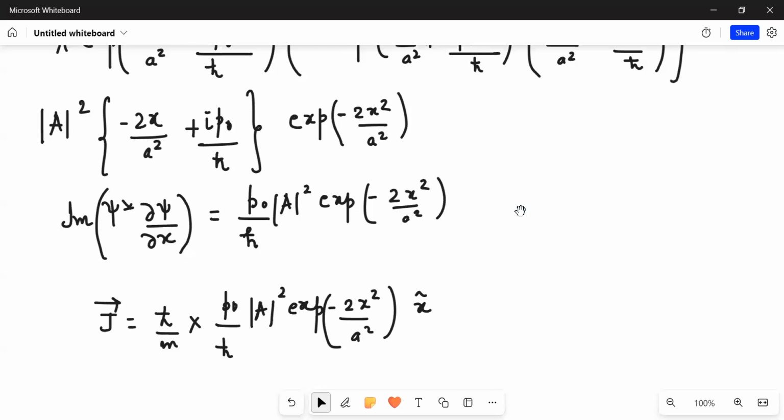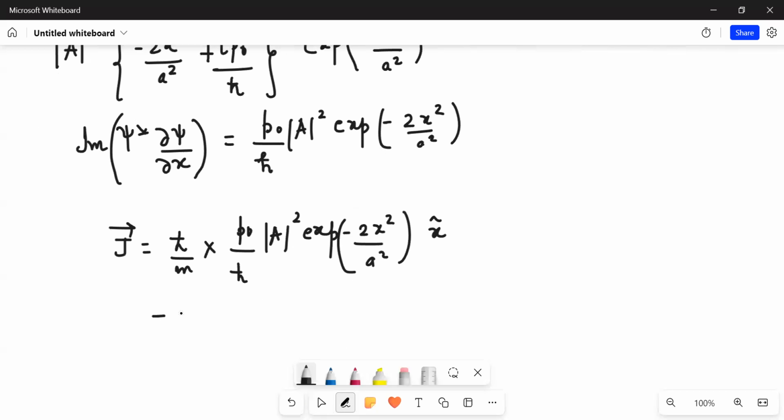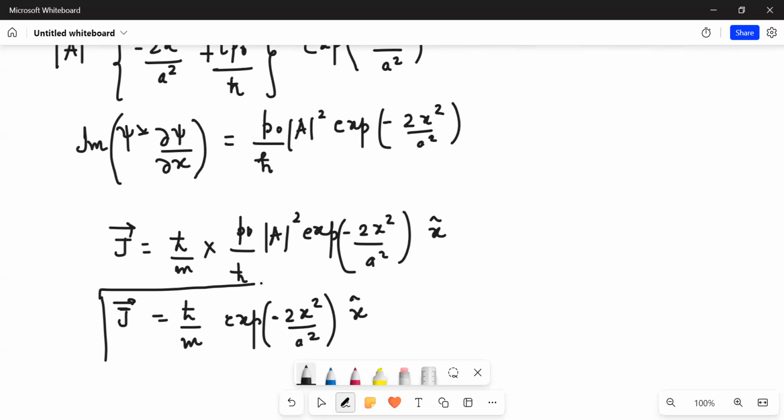Okay, so I think this h cut would get cancelled. So you'll have h cut upon simply m, exponential of minus 2x square upon A square x cap. This is your probability current density in vectorial form for a Gaussian wave packet. I hope it is clear.